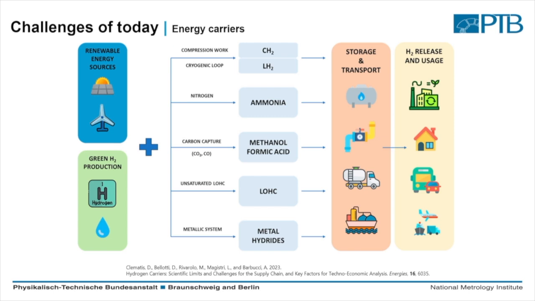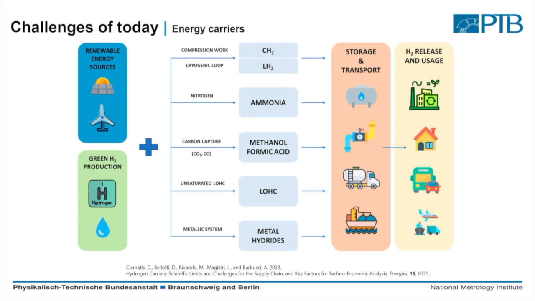We can use iron, which is not on this list, so we can reduce iron oxide with hydrogen, and then burn this iron in coal power plants to iron oxide, and then again have a circle here reducing, oxidizing this iron.